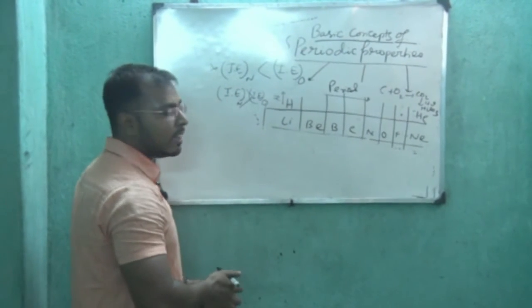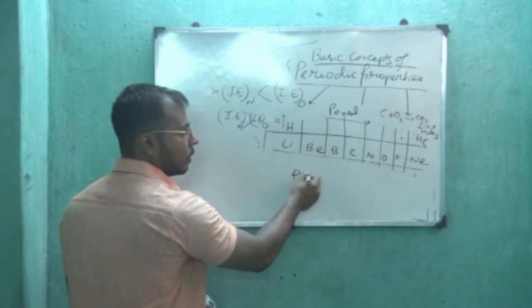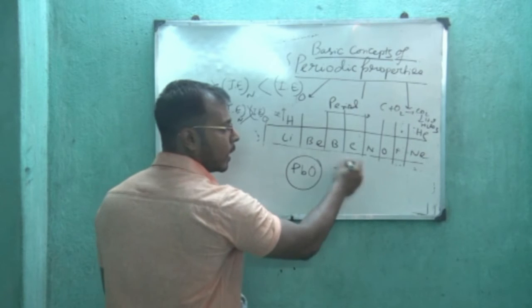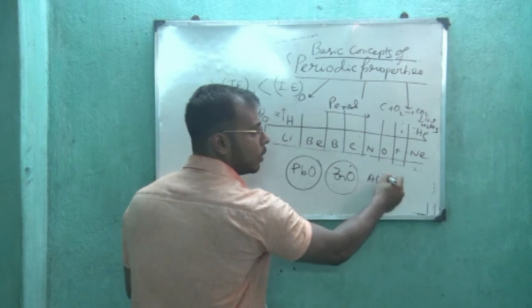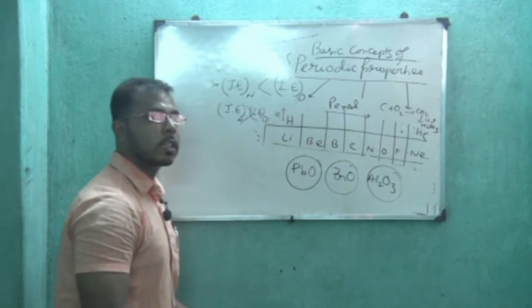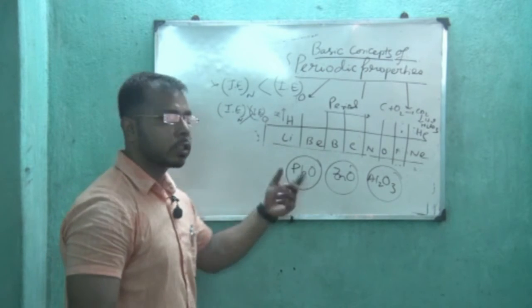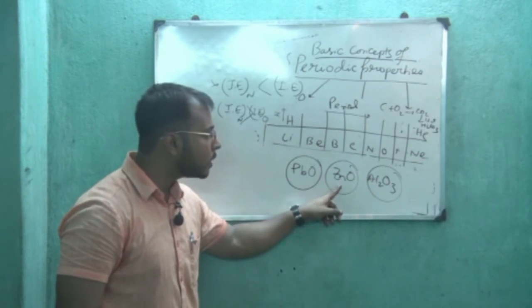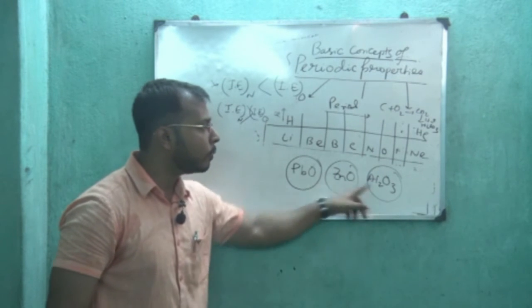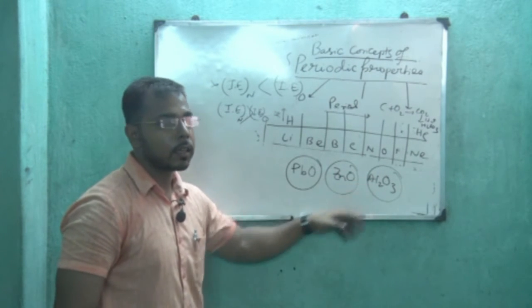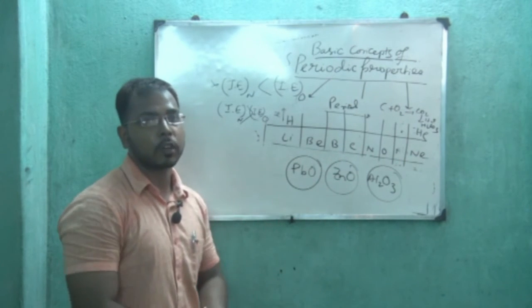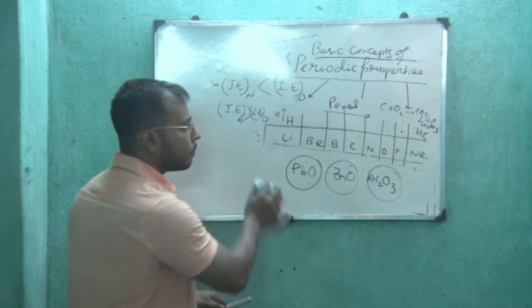Now if PbO, ZnO, Al2O3 are given to you, and the question comes, what is the nature of these oxides? You have seen that metallic oxides are more basic, that means they are basic, but actually they are amphoteric in nature. Why?